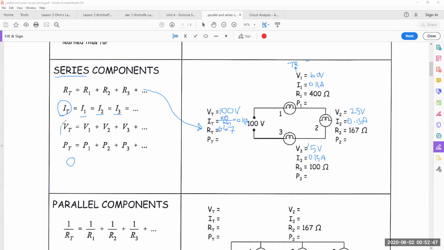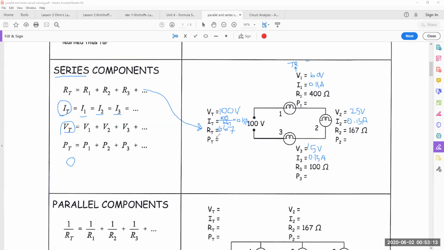Now, the next law here says voltage of the source is equal to V1 plus V2 plus V3. So 100 is going to be equal to 60 plus 25 plus 15. Correct. So that means I did everything correctly. If you're adding V1 plus V2 and V3 and you're not getting 100, you've done something wrong.